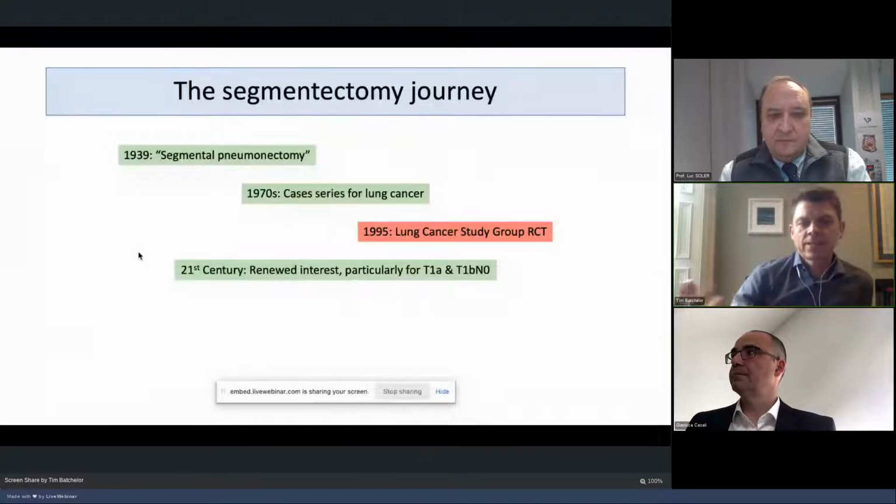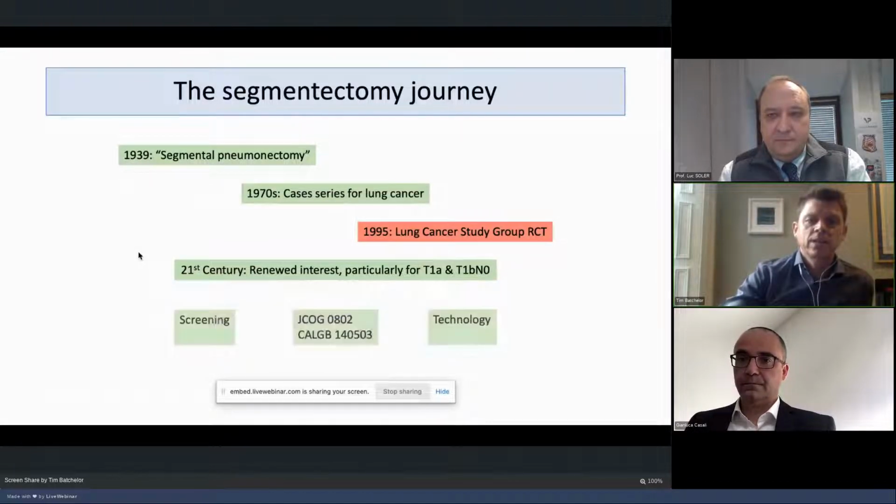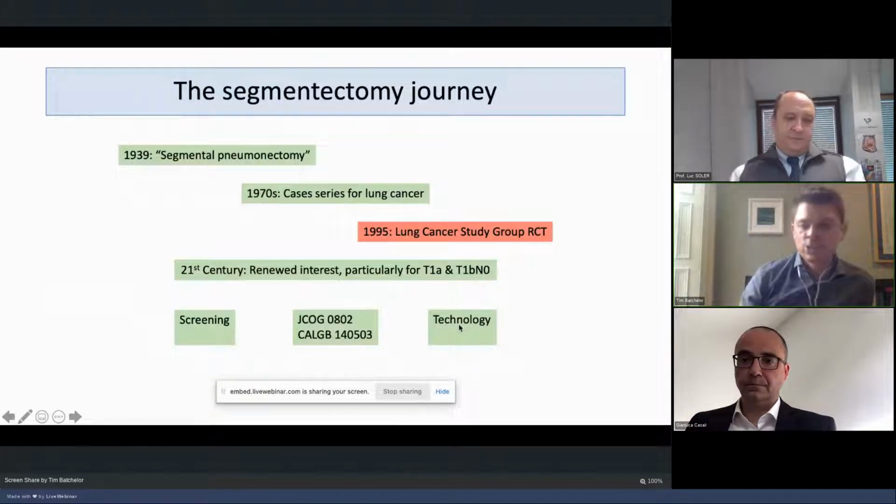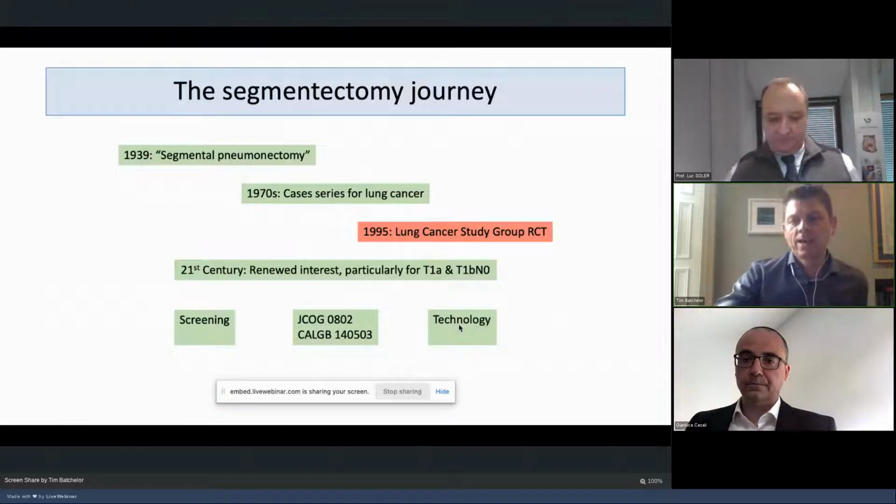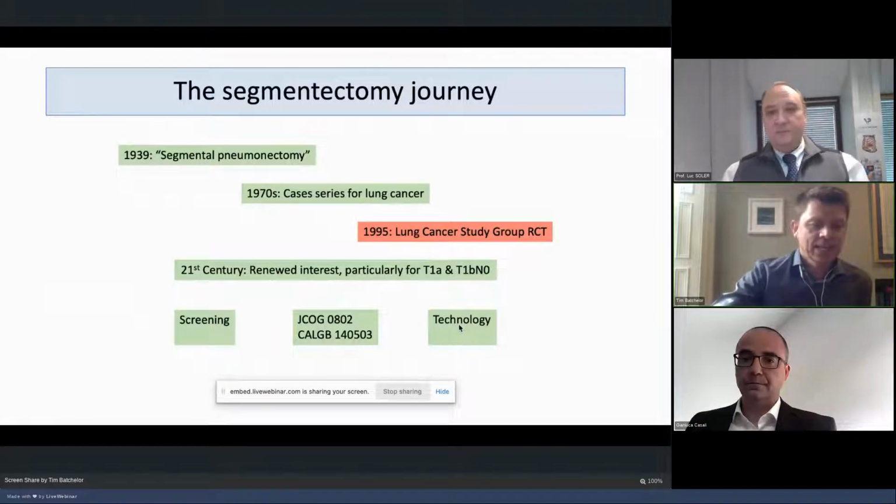But in this century, there's been renewed interest, particularly for T1a and T1b N0 patients. And then if we look at the other things that are happening right now, we've got screening, we've got the randomized controlled trials for intentional segmentectomy, and then we've got technology, which is enabling us to do VATS segmentectomy.